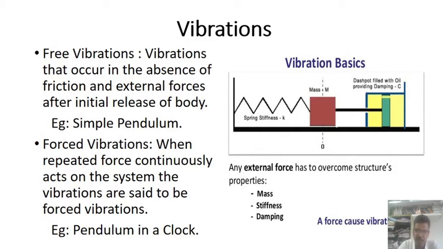A simple harmonic motion is defined as the motion of a body which moves to and fro along a straight line, such that its acceleration is directly proportional to the displacement from the fixed point and is always directed towards that point. The oscillation of the bob of a simple pendulum is an example of simple harmonic oscillation.